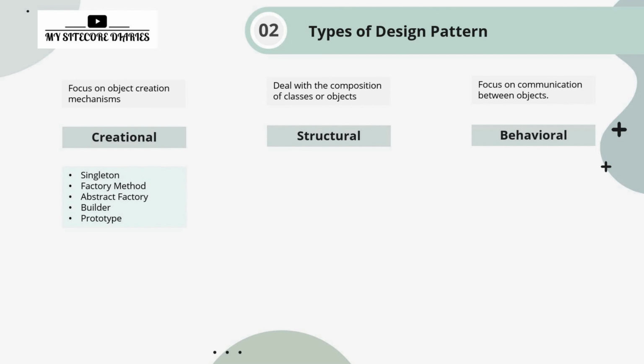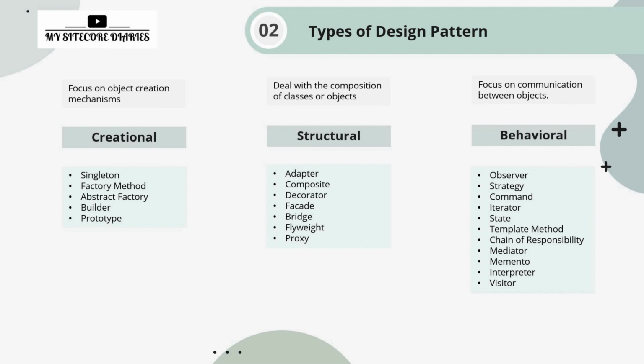So these are the types, and inside them you have the actual design patterns. Like creational, we have singleton, factory method, abstract factory, builder, prototype. Then structural, we have adapter, composite, decorator, bridge, flyweight, and proxy.